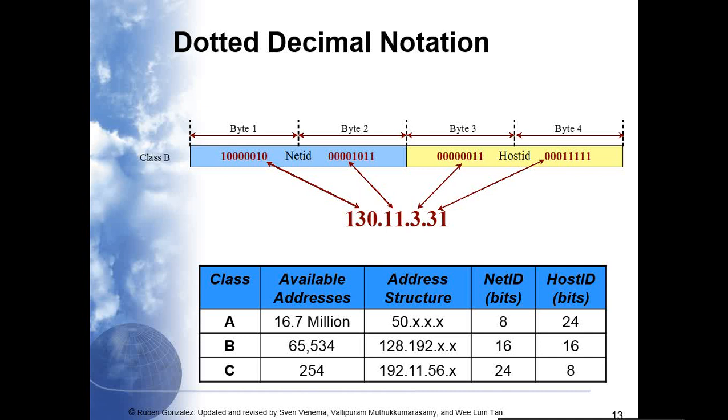Some of those are special purpose addresses, or they're used for different purposes, but it's roughly 256 for Class C. And they have a particular address structure, so you'll see there's an address structure column there, and they're grouped in a particular way. So we can tell which one is Class A, Class B, Class C by looking at their address structure.